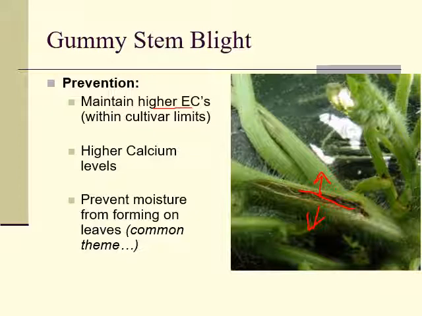The other thing we can do is have elevated calcium in our fertilizer. That strengthens the walls, which again helps resist splitting. And then, of course, as always with fungal things, prevent moisture from forming on our leaves so that there's no moisture to ignite the fungal growth. So, gummy stem blight.